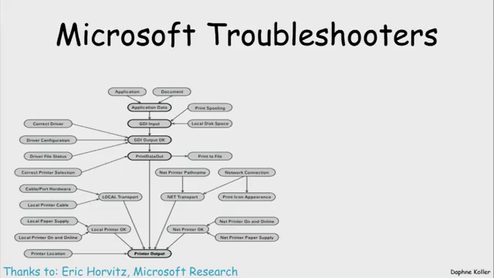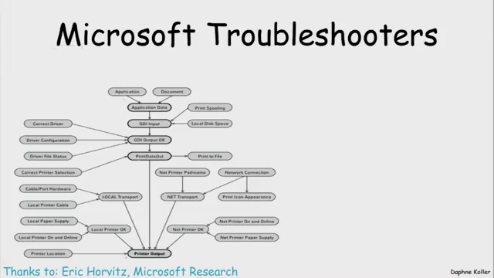A different type of application for this type of structured CPD comes up in physical hardware configuration settings. So this is an actual example from a troubleshooter for printers used at Microsoft. And it turns out that all of the troubleshooters that are part of the Microsoft operating system are built on top of a Bayesian network technology. So here, the task is to try and figure out why a printer isn't printing.